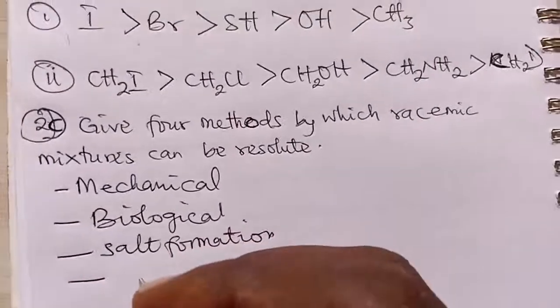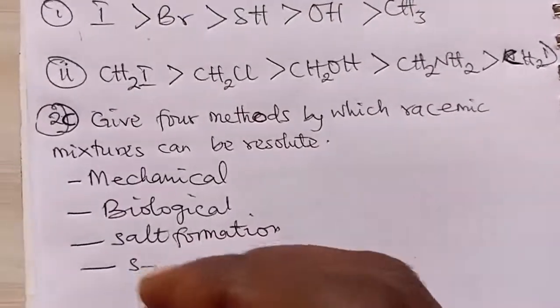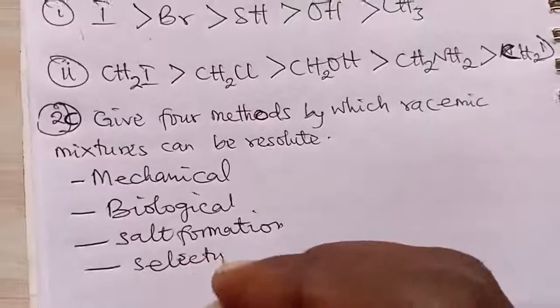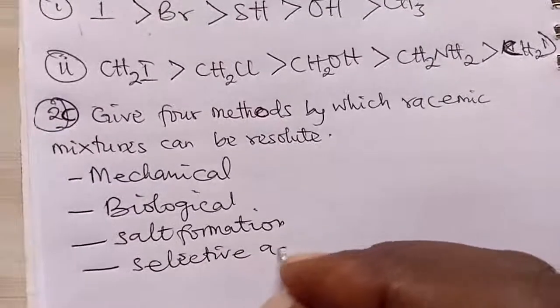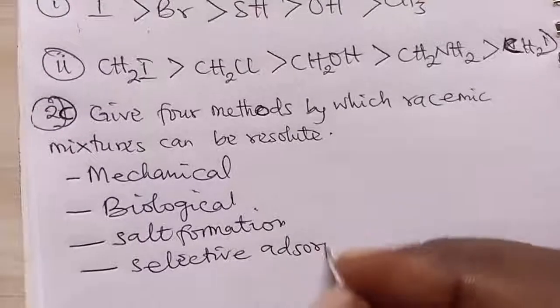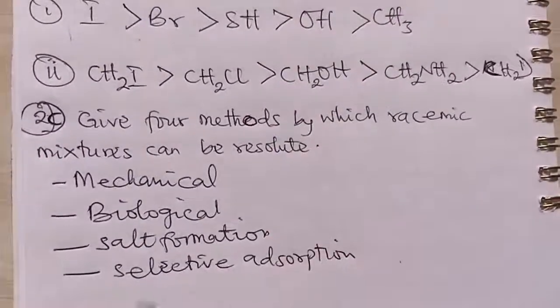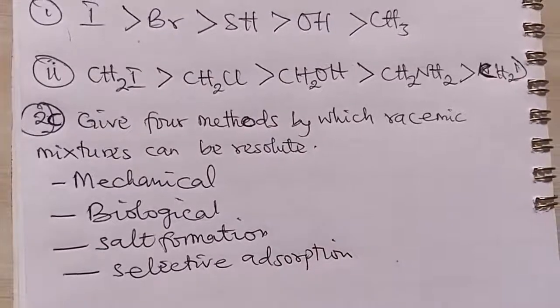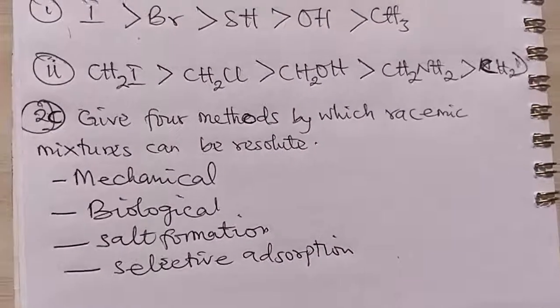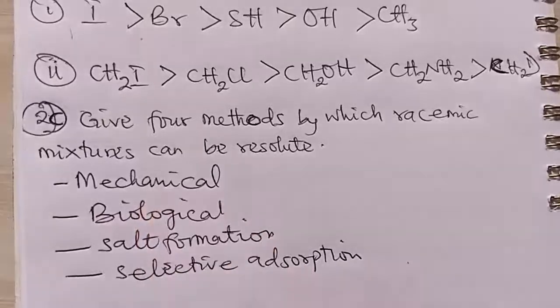Then the other one is selective adsorption. Then how many? One, two, three, four. Another one is channel complex formation, to make it five, but the question says four, so any four.